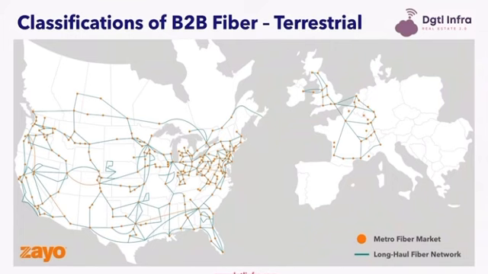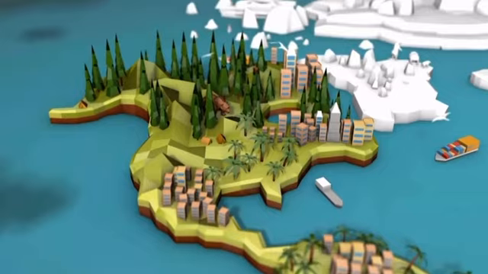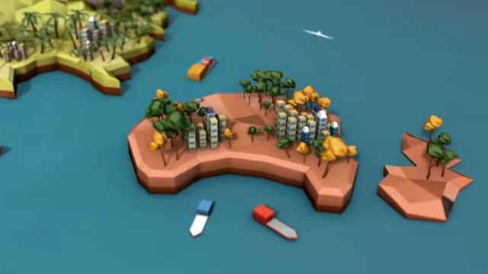The second type of terrestrial fiber is known as long-haul and regional network sections. These can also be known as intercity. You'll see them in the video depicted by the green or teal color lines that run across the country. So long-haul and regional is optical fiber connecting together different metro markets and major cities in North America, Europe, Asia, Latin America, and Australia.